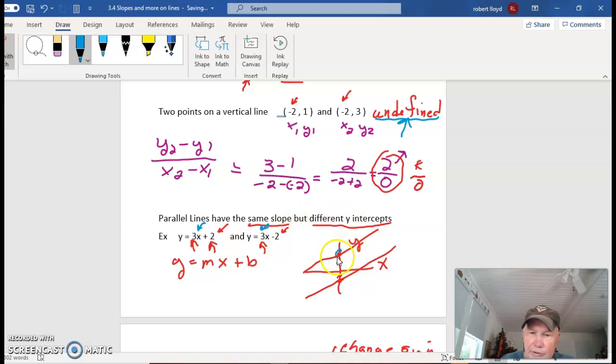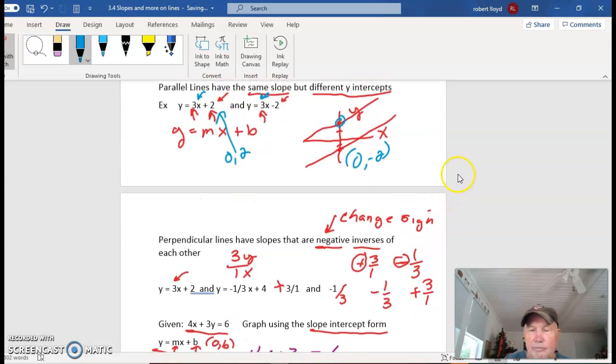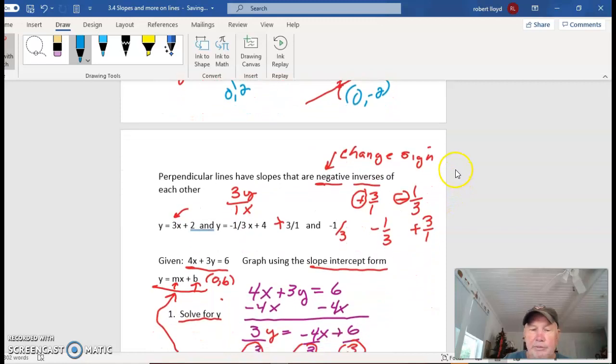This one crosses at 0, 2, and this one crosses at 0, negative 2. Parallel lines will never intersect. That's the only lines that will not. So parallel lines, the same slope.